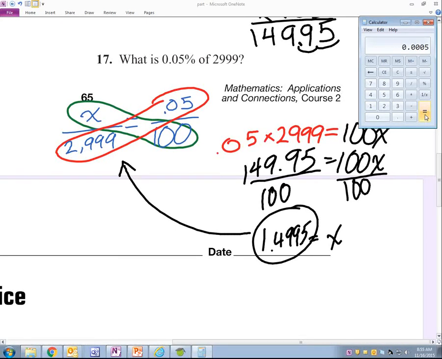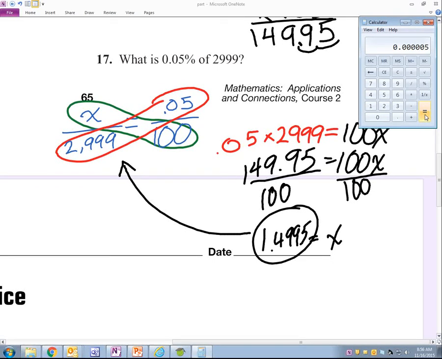Let me pass out the homework. So remember, you have to do part whole, divide by whatever's stuck to that variable. Pass that back, please. Good.